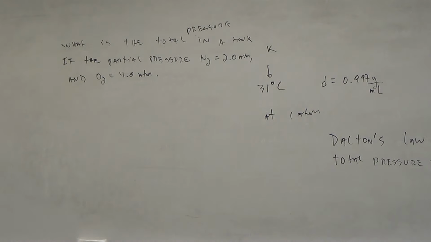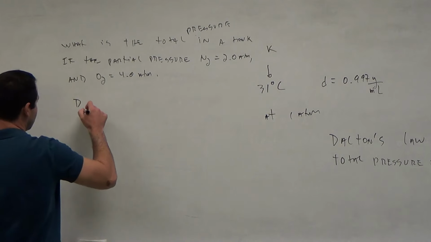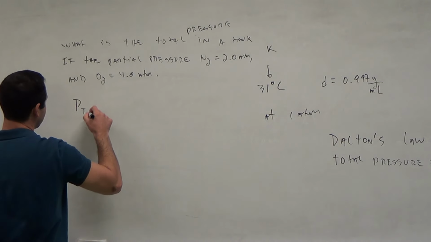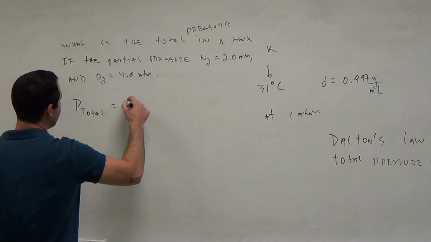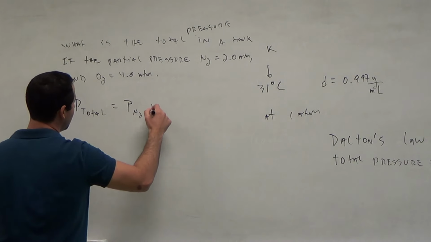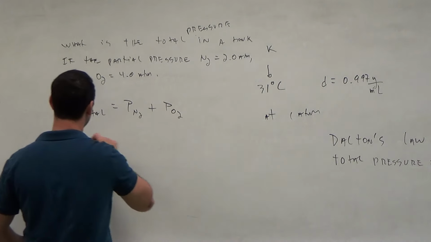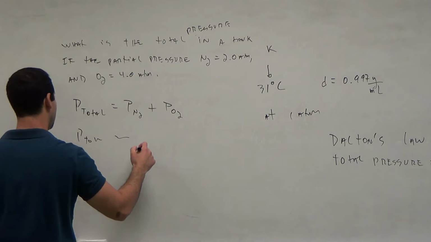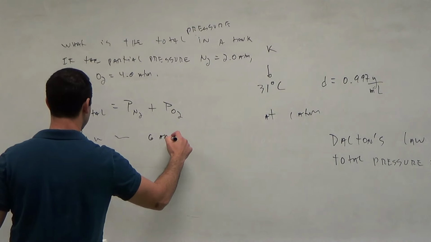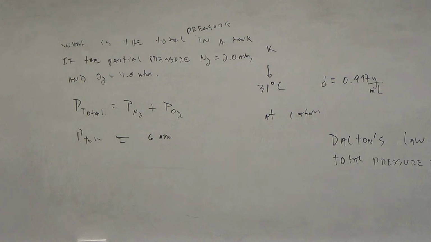Okay? So the total pressure is equal to the pressure of N2 plus the pressure of O2. Okay, so 6 ATMs, yes? That's a hard problem to plug in. They're all that easy, okay?